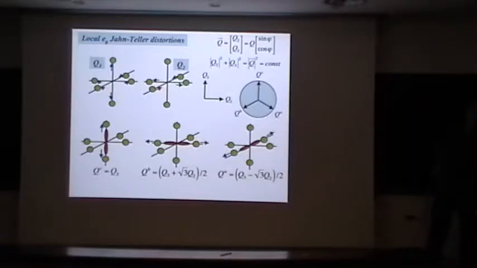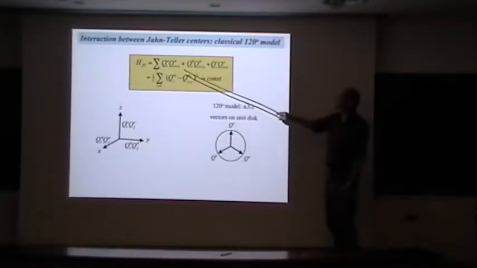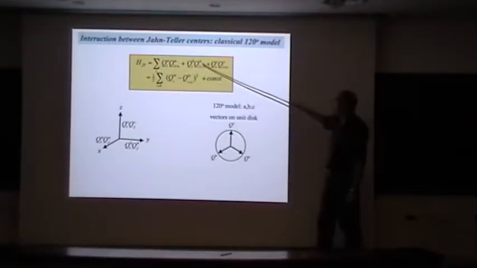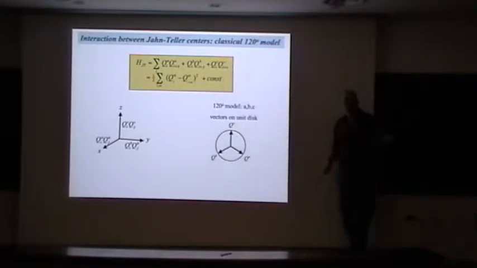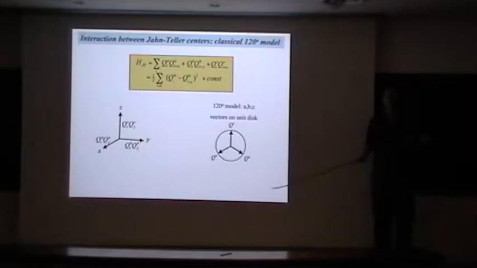Same thing goes here. So what I constructed here, this QC, QA, and QB are again on the unit circle, and I know my interactions. My Hamiltonian for this lattice system of Jahn-Teller sites is QA, QA, QB, QB, QC, QC, which is exactly the EG, the classical 120-degree model.